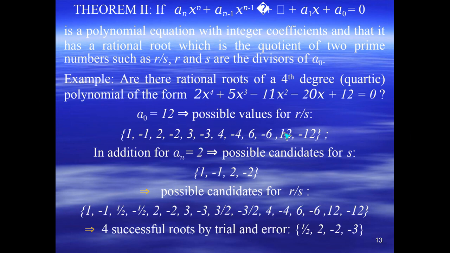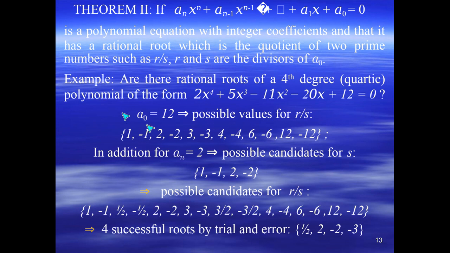So we have to take all these divisors, positive and negative: 1, minus 1, 2, minus 2, etc., up to 12, minus 12. And then for a_n equals 2, we have possible candidates 1, minus 1, 2, minus 2. Those are the divisors of 2. 2 is a prime number, so it is divided by itself and by 1. And also the negative ones.